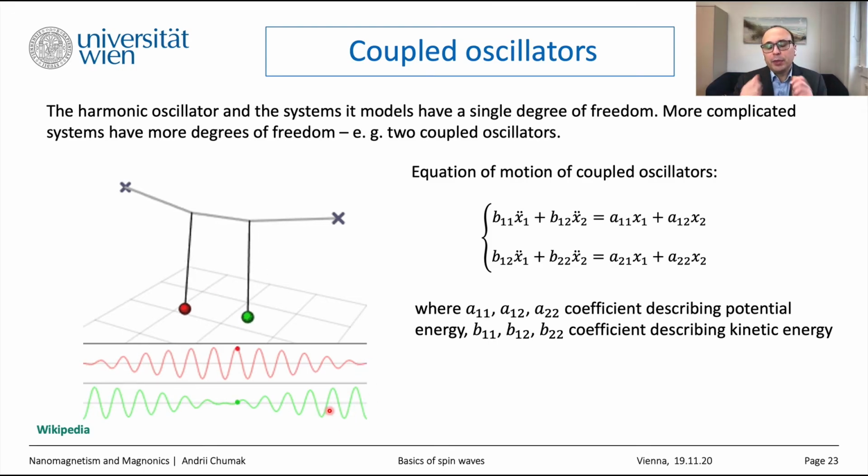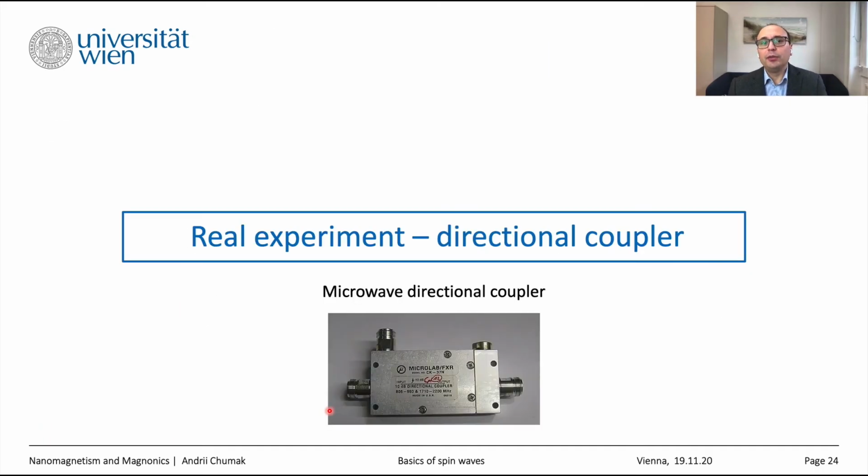So these two coupled oscillators just pump energy from one to another, from one to another. And this kind of physics, we started using with spin waves, but on nanoscale, and we coupled not two oscillators, but two spin waves. And this was done on an example also called a directional coupler.